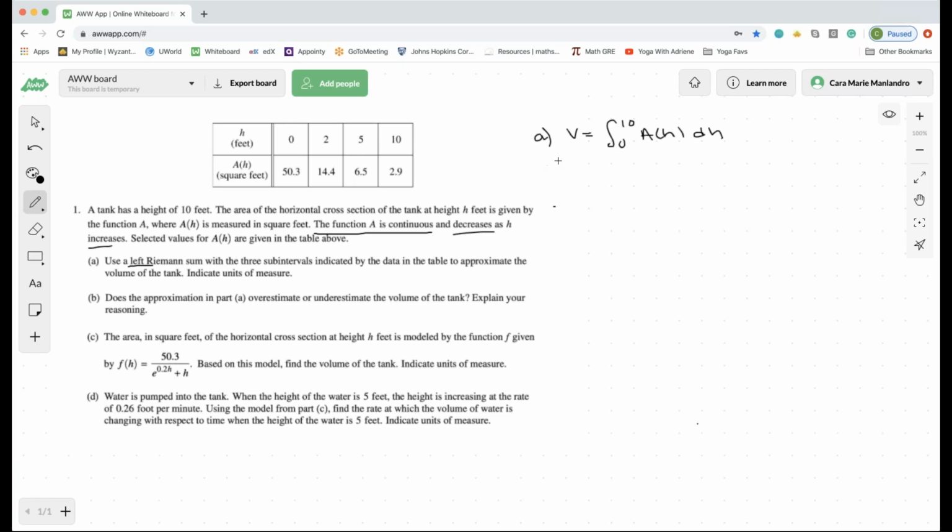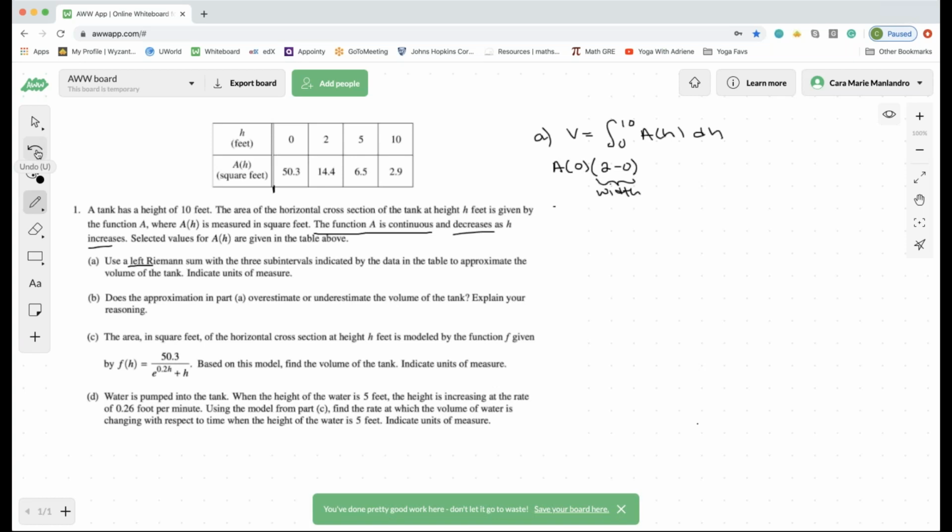Our first subinterval is going to be A of 0. This is the left endpoint, right? A of 0, and then the width of this interval is going to be 2 minus 0. This is my width, if you will. Oh, I guess I should just call it the height, shouldn't I? Okay, height.